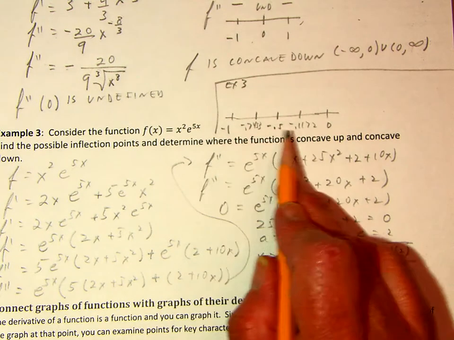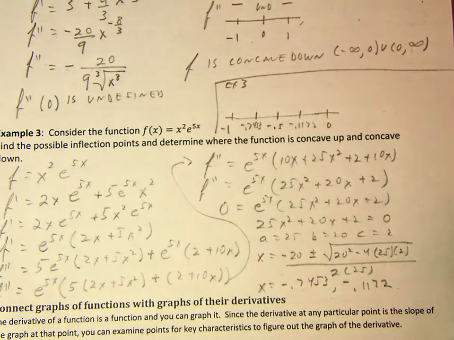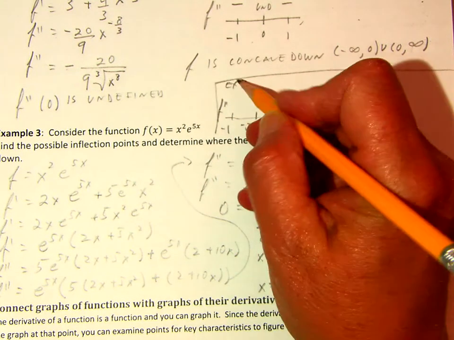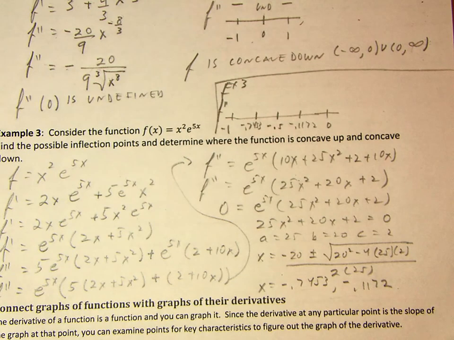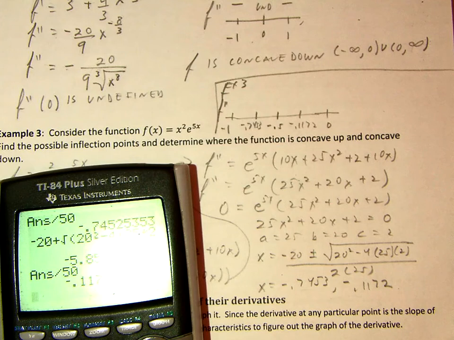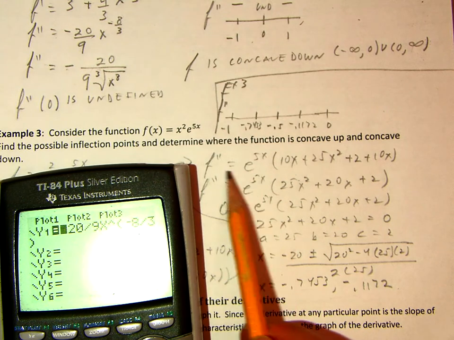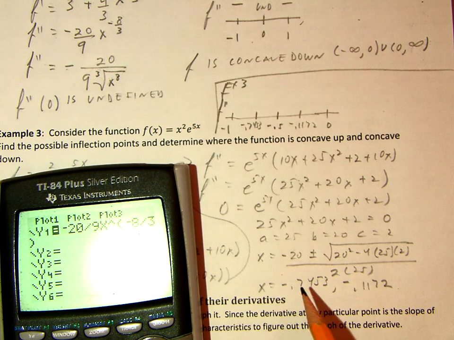So I want to try negative 1, negative 1/2, and 0. And we're using the second derivative to give us information about the function. So let's go ahead and put in our function. We remember we're evaluating the second derivative at these values.